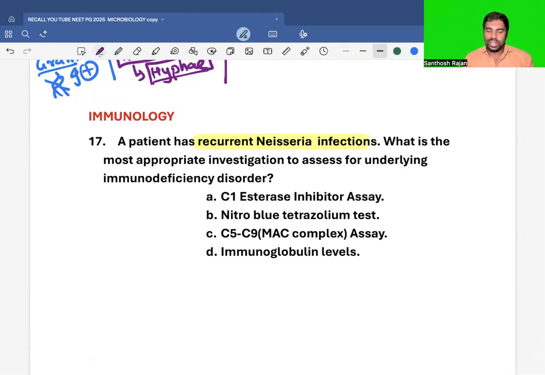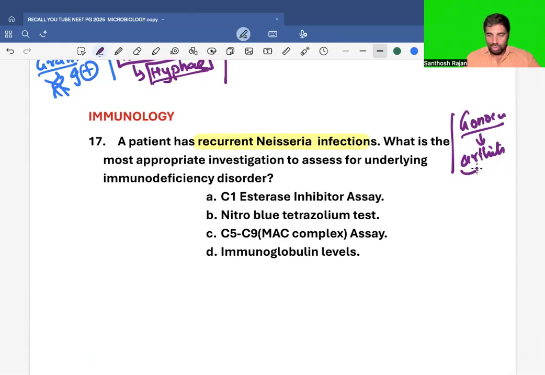Some students said it was related to gonococcus, disseminated gonococcal infection. When gonococcus disseminates, you can have different types of arthritis, perineum involvement, and diseases like Fitz-Hugh-Curtis syndrome.